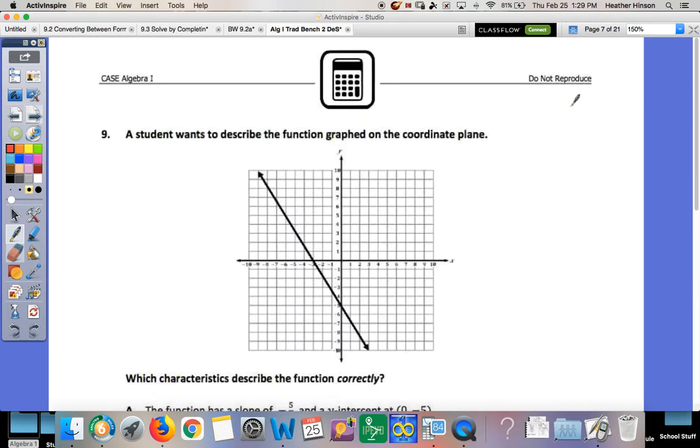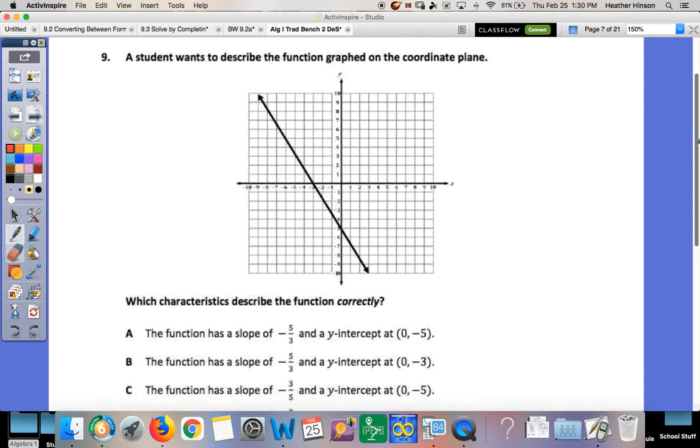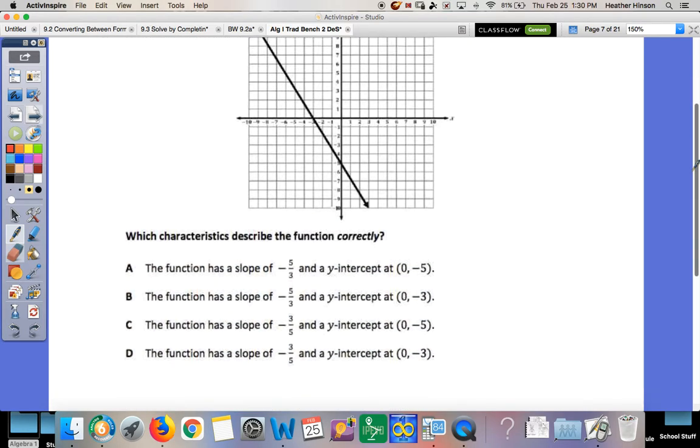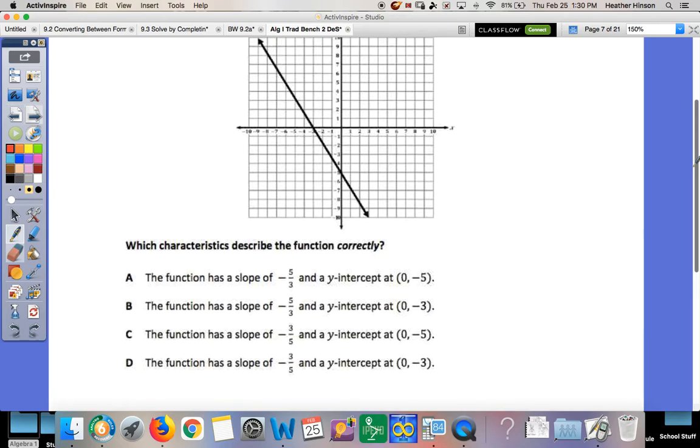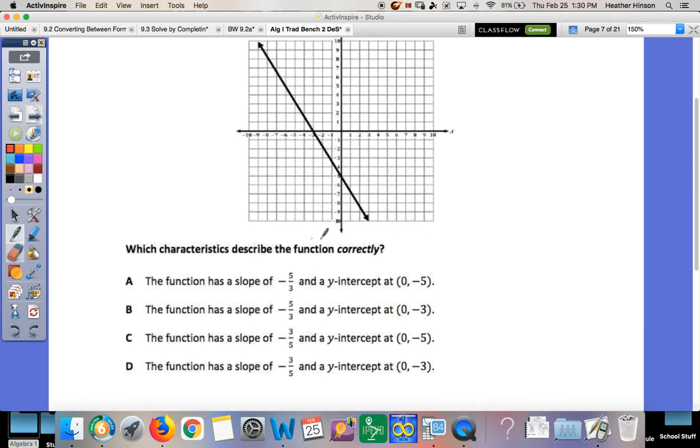Okay, number 9. A student wants to describe the function graphed on the coordinate plane. So which characteristics describe this function correctly? All of your answer choices here ask for the slope and the y-intercept. How do we find slope on a graph? Rise over run.